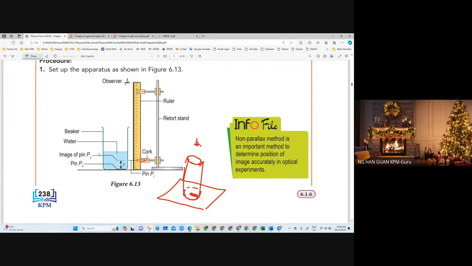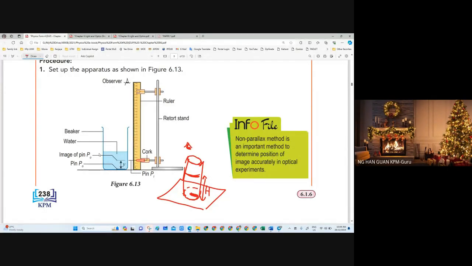So what to do is, when you fill the water, you measure the real depth of the water. Then you get a pin or a pen and start to move it. You change the position of your eyes, so you view at the edge here. Your hand makes a mark.